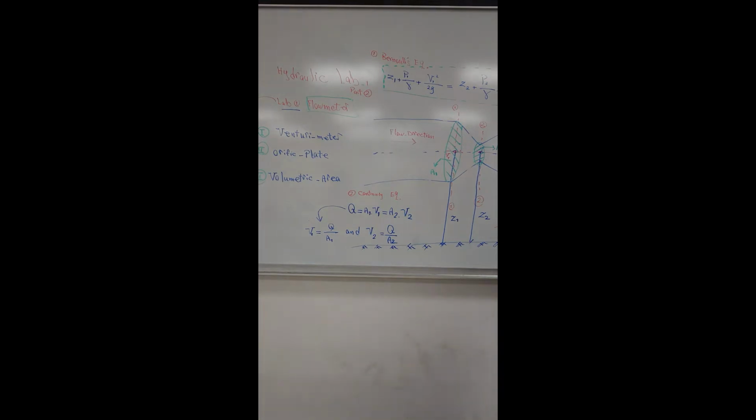Here, for example, assume a venturi meter. As the flow comes in to the cross-sectional area 1, this is the flow direction, we have velocity 1, and it just passes through a narrow area which we call the throat or the neck, where we squeeze the water in a smaller area, hence velocity increases.